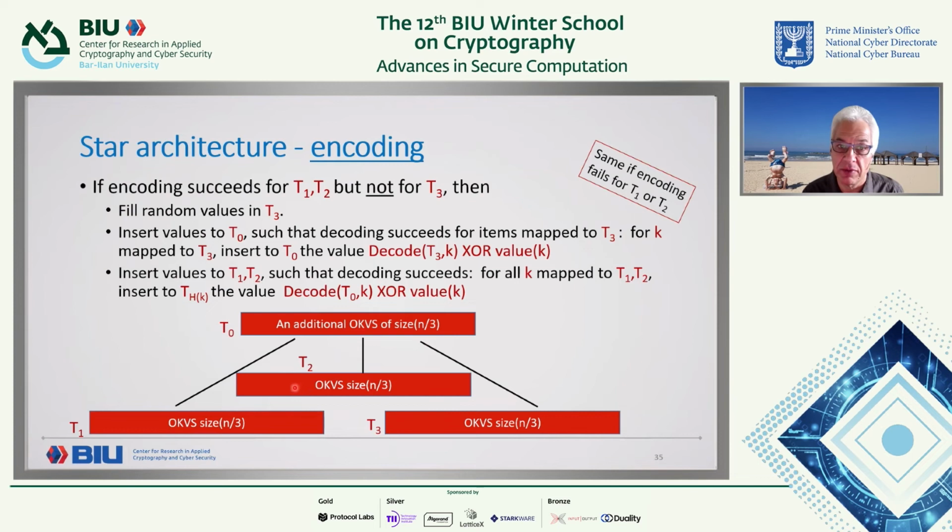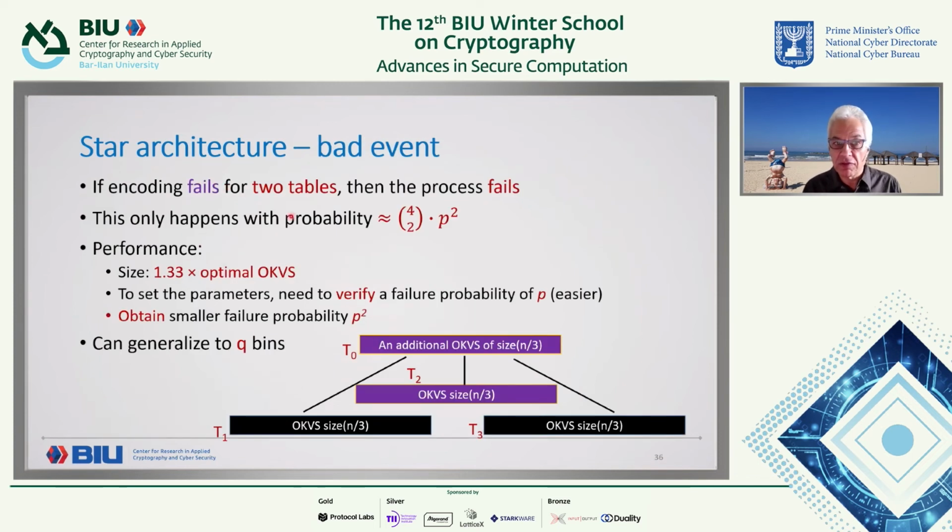So basically what we got here, the previous slide, was a system that works if the encoding fails for at most one table. If the encoding fails for two tables, say for these two, then the procedure I described doesn't work. But the probability that the encoding fails for two tables, okay, is (3 choose 2) times P squared plus the probability of failure for 3 tables, etc., but it's much smaller, okay?